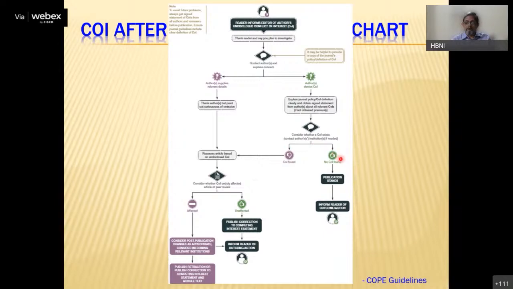Or if there is no conflict of interest found, the publication will remain as it is, and no action is taken as far as the publication is concerned, but the author is also informed of the action taken. So this is a more drawn-out process as compared to the earlier one.